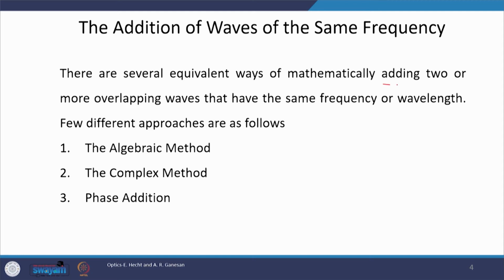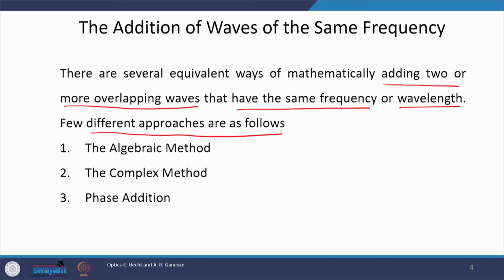We are adding two or more overlapping waves, that is all we need to do to come up with the resultant wave function. And what are the properties of these overlapping waves? They have the same frequency or wavelength, they are propagating in some medium, and they are overlapping in time and space, okay.